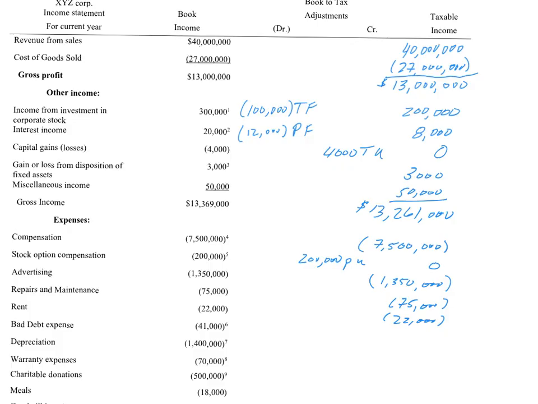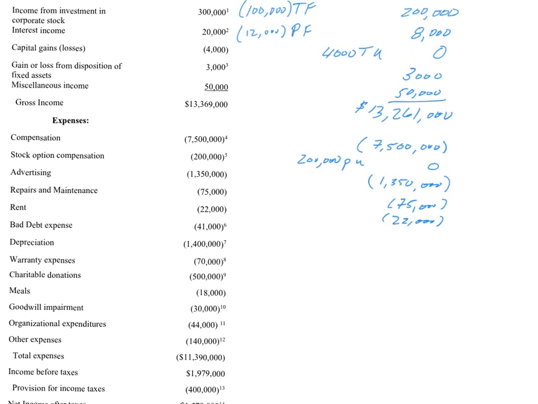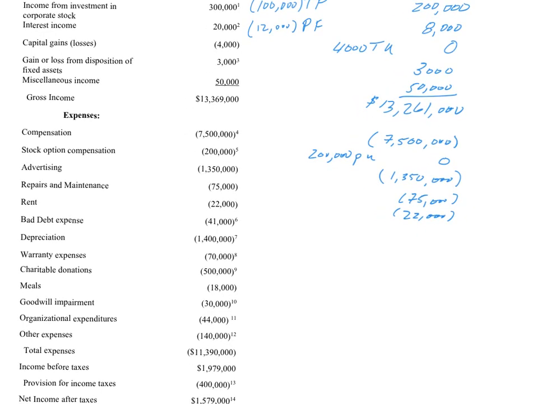Okay, now bad debt expense. Bad debt expense we have to pay attention to. So let's go look at our notes related to it. When you're looking at bad debt expense, you know what they actually wrote off, so over here on the tax side, they actually wrote off $27,000 of bad debt expense.